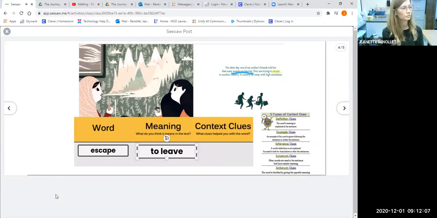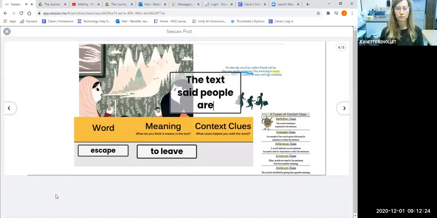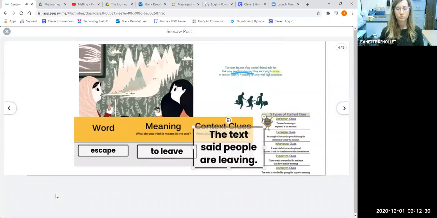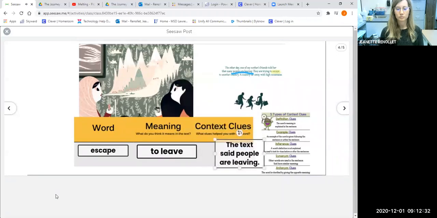How did I know this? What clues did I see in the context of the story? Well, I saw the words that said people are leaving. And I noticed a picture.